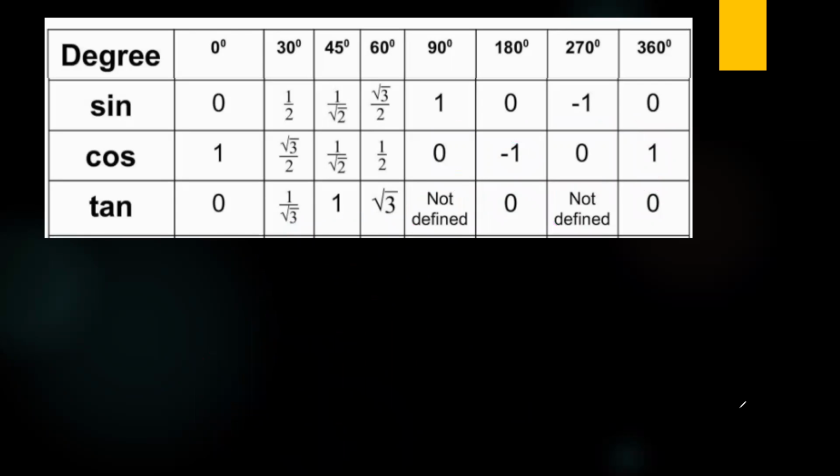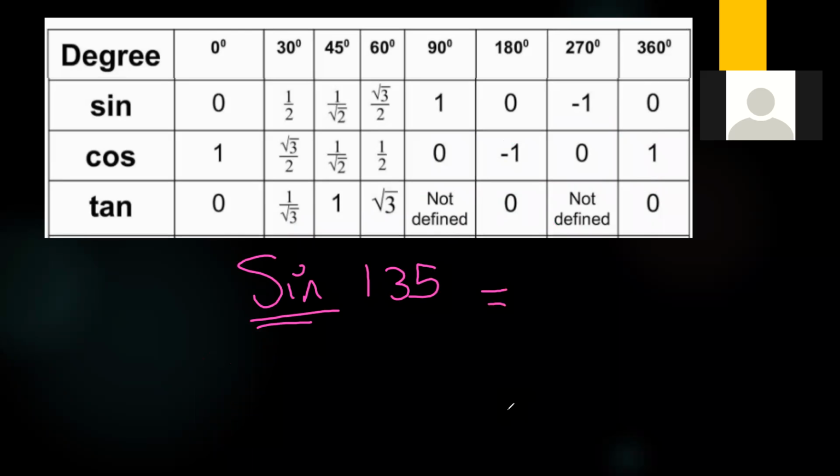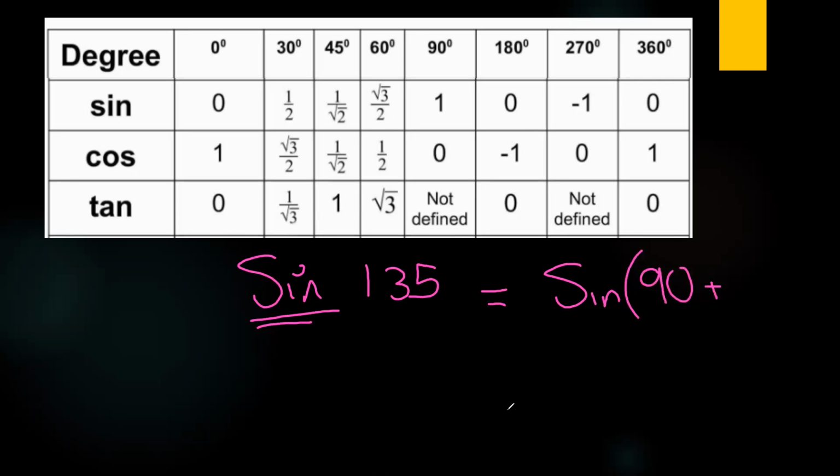If I ask you, as an example, what is the sine of 135? What do you have to do? It's going to be like sine 45, so it's going to be square root of 2 over 2. 135 is 90 plus 45, so that means it lies in the second quadrant.